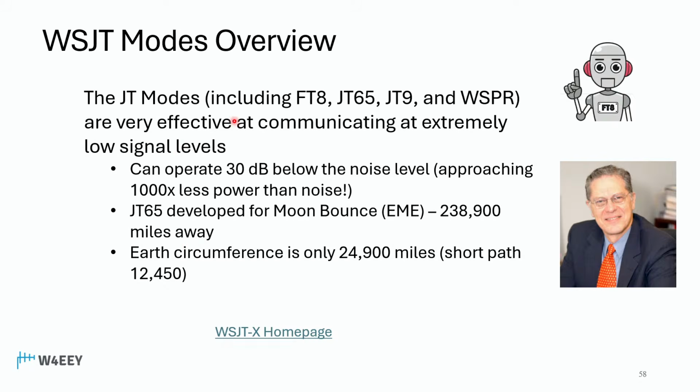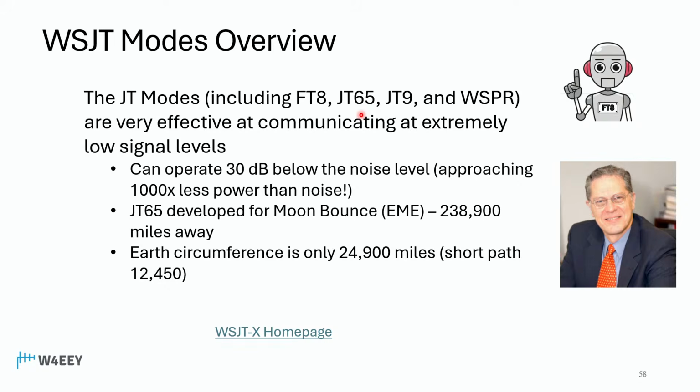So what are those modes? There's a whole family of modes. It's called WSJT-X. The X stands for experimental, but a lot of it's not experimental anymore. It's full-fledged usage, but it's still called WSJT-X. So that includes the very first mode, JT65, Joe Taylor 65, used 65 tones.